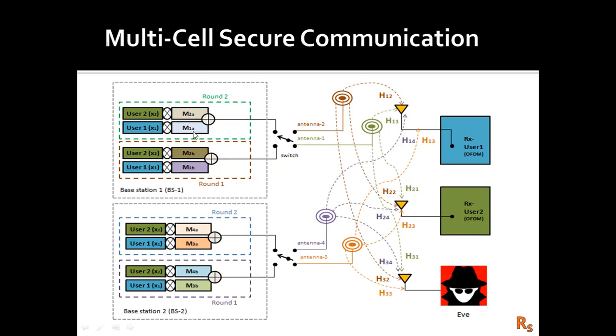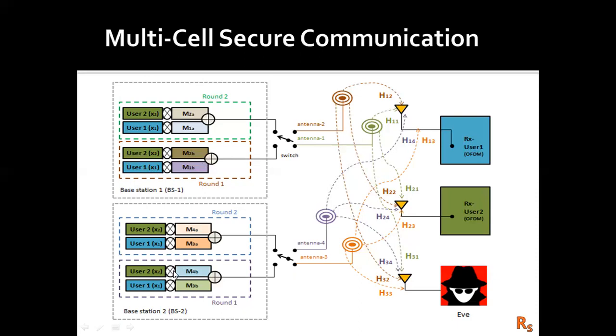In this system, the user 1 and user 2 data streams are mathematically multiplied and superimposed with the precoder matrices. If you consider the single cell, it operates similarly to the one explained in the previous lessons. So here we have multi cells.